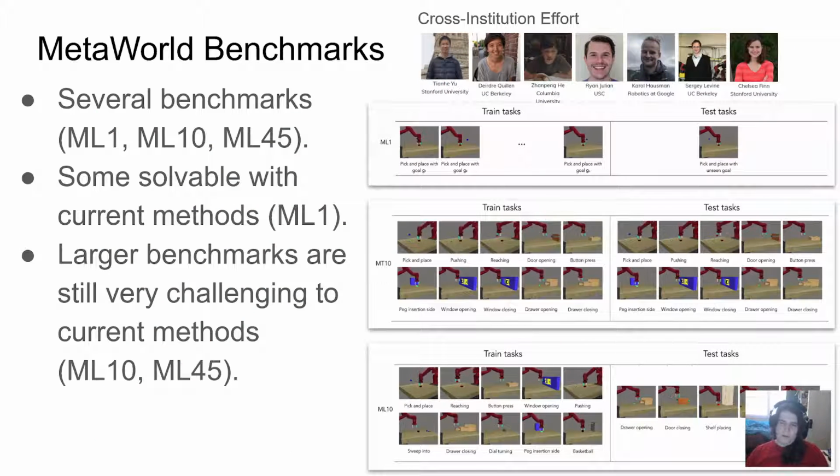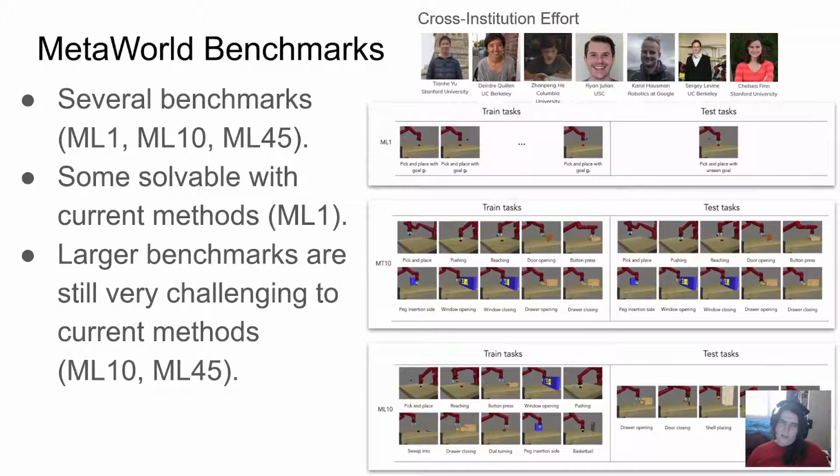Those 50 tasks are then split up into multiple benchmarks, some of which are multitask benchmarks, meaning that they are just a set of the tasks, and some of them are meta RL benchmarks. So there's a set of training tasks and a set of test tasks, as indicated at the bottom here.